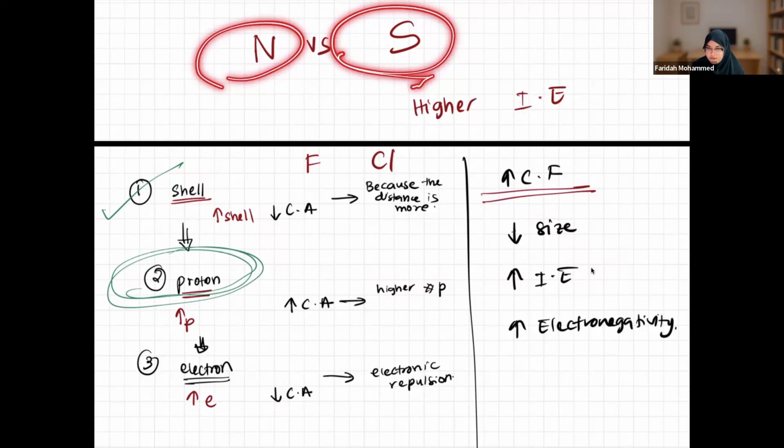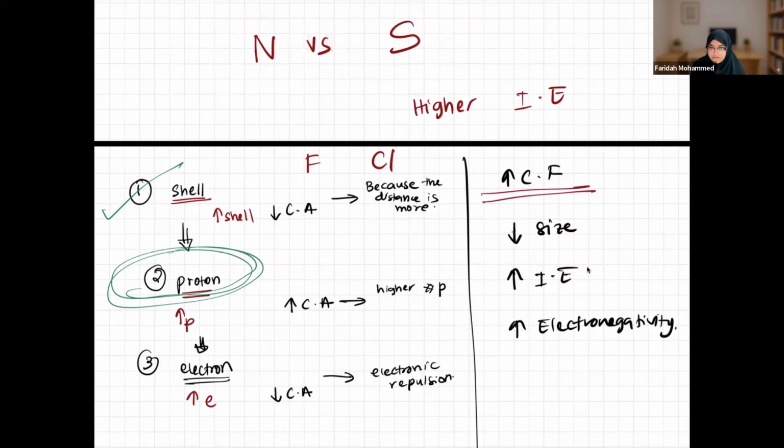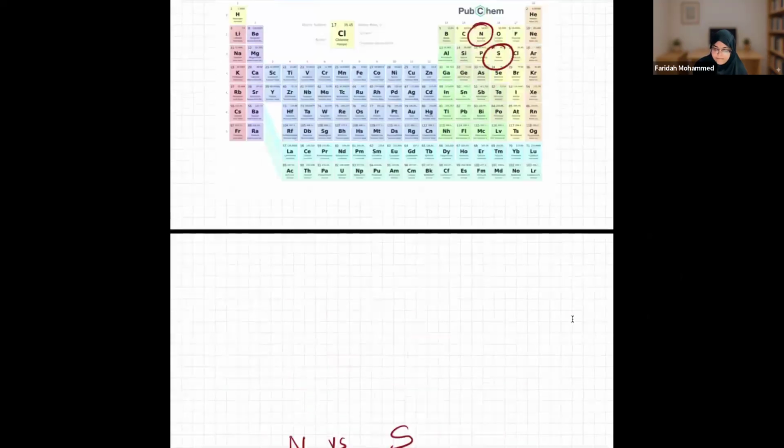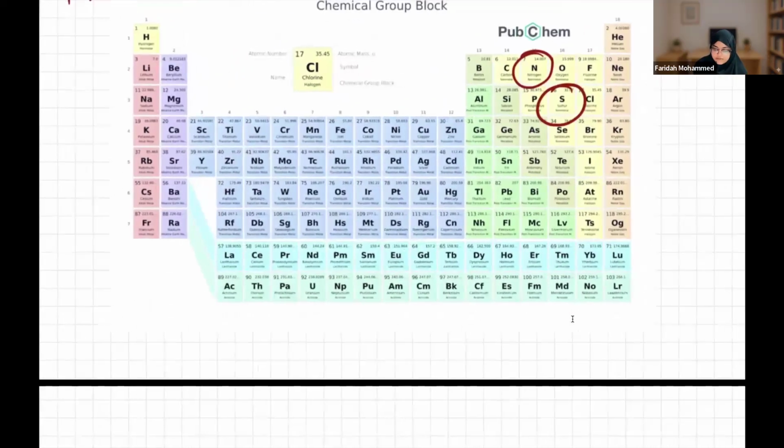Which period they are at? Nitrogen is in the second period, so how many shell it has? 2. Sulfur is in the third period, it has 3.